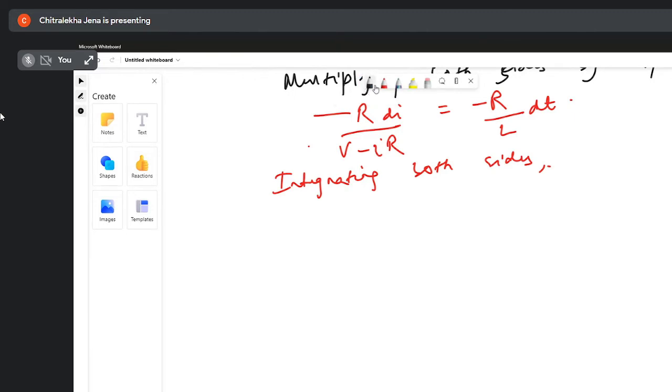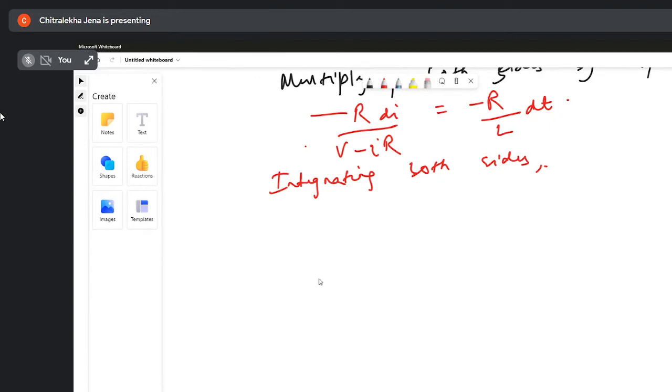So now integrating both the sides, what are you getting? Ln of V minus IR is equal to minus R by L T plus K. Okay. So now you can get the integration constant. K you can take at t equal to 0.